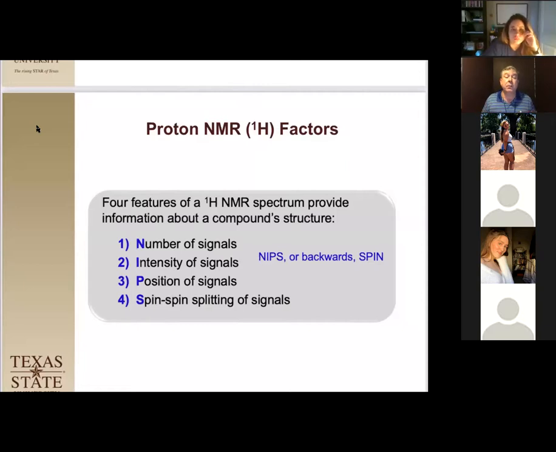If there aren't the right number of unique signals, it might not be that compound. Then you look for the relative intensities. Are there the right number of hydrogens available to you? You look at their positions, and then you also look at the spin splitting. That's going to tell you a lot about what's next to what, because we have those hydrogens within 3 bonds of that signal. So you can look for those.